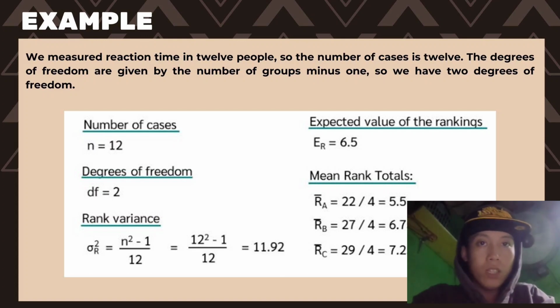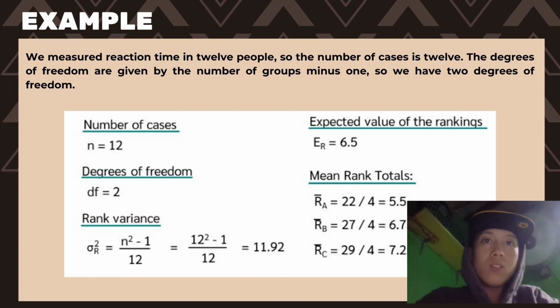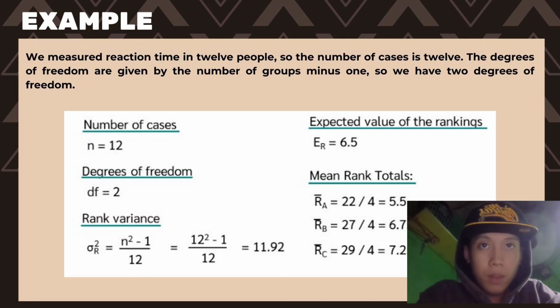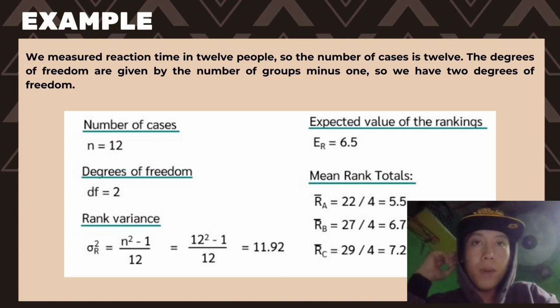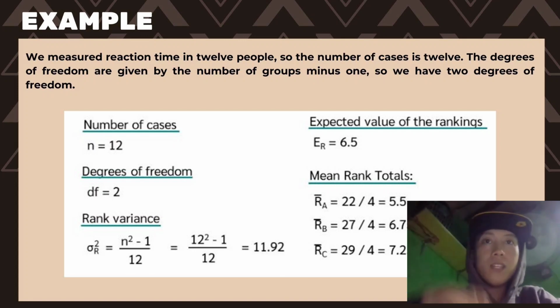And here's the formula, which is number of cases plus 1 divided by 2. So, we have 12 cases, which is each individual we took data from. So, plus 1 divided by 2 equals 6.5. Now we have the expected value of ranks. Let's proceed to the next slide, where we get the other things we need to perform the test. First is the number of cases, equal to 12, like I said earlier. It depends on how many individuals we took data from, which is 12.